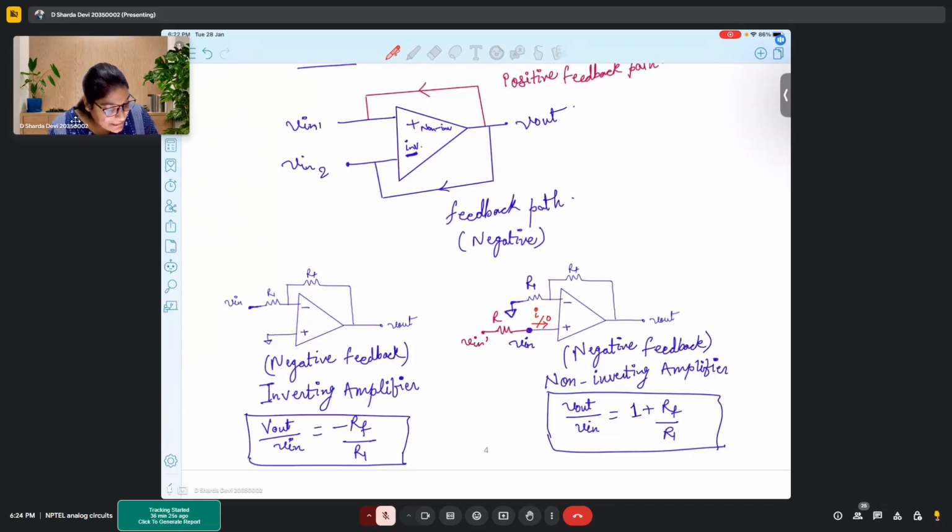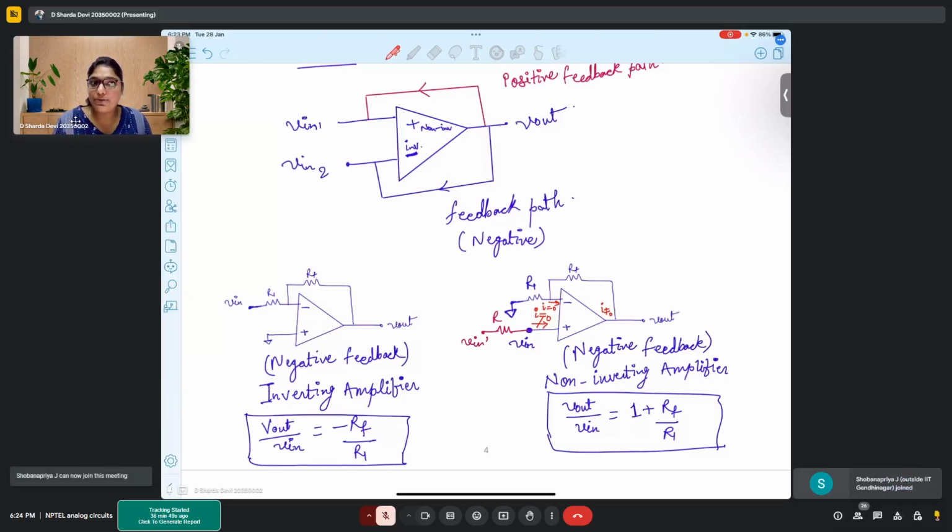Similarly, in this region, if you are trying to inject current into your op amp, you can never do that. So here also the I is zero, right? But here I is not equal to zero. So output current of an op amp is never zero, but input currents are zero. So you have to keep this in mind that input current to an op amp is zero, whereas output current to an op amp is non-zero.